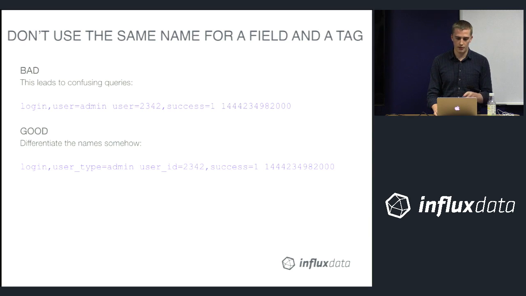All right. Other things you want to keep in mind: don't use the same name for a field and a tag. This is more just common sense. It's really hard to differentiate in the query language, and up until I think 0.13, there actually wasn't a way to specifically call out a tag that had the same name as a field.